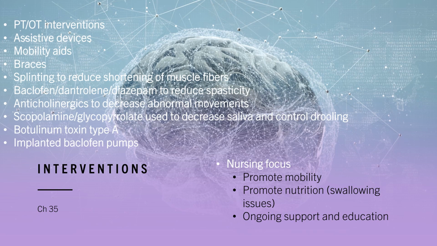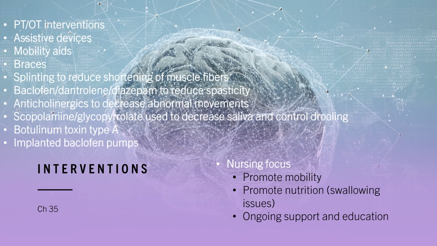We also find that drooling and increased salivation is something that most patients with cerebral palsy experience quite a lot of. So they will take scopolamine, which can be used, like you put the little thing behind your ear. It's a scopolamine patch, and it's used to keep you from being seasick or nauseous. Those are anticholinergics. So we can use scopolamine or glycopyrrolate to decrease the salivary response and control the drooling.